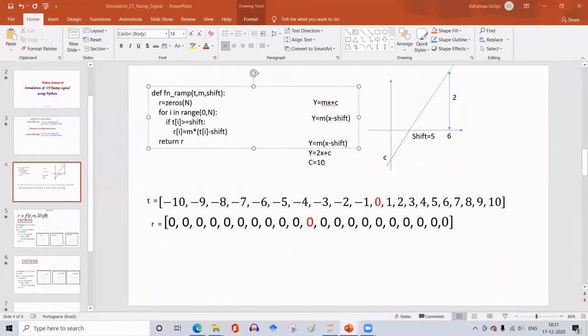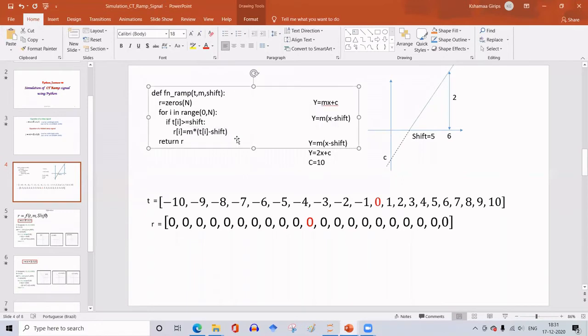Okay, so this I can write as 2 multiplied by 5, where 5 is our shift. So you can generalize this, and finally we can write the equation for the ramp signal as y is equal to slope multiplied by whatever the x-axis variable that we take minus the value of the shift. So that is why this equation.